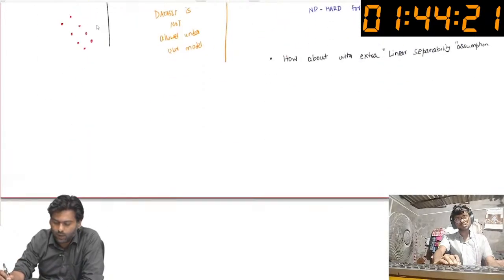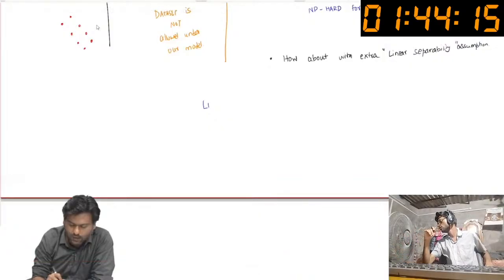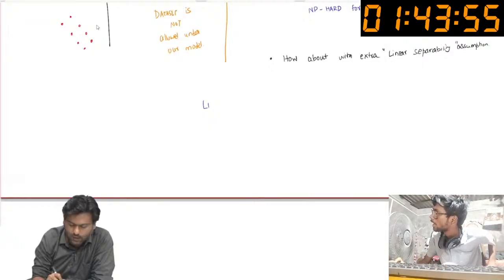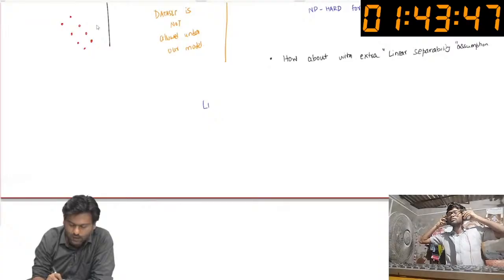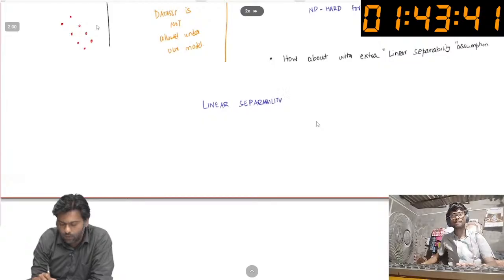But before I put down the algorithm, let me make this assumption very, very precise. What is the linear separability assumption, more formally stated, so that there is no confusion about what we are talking about?